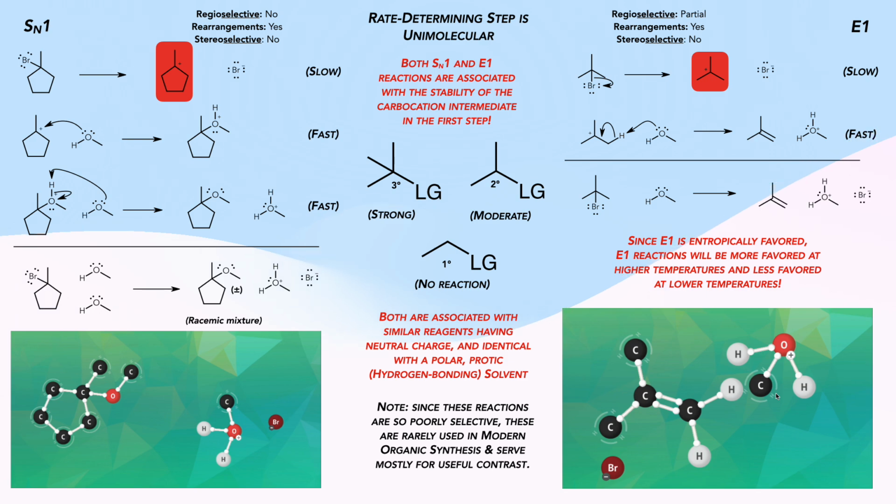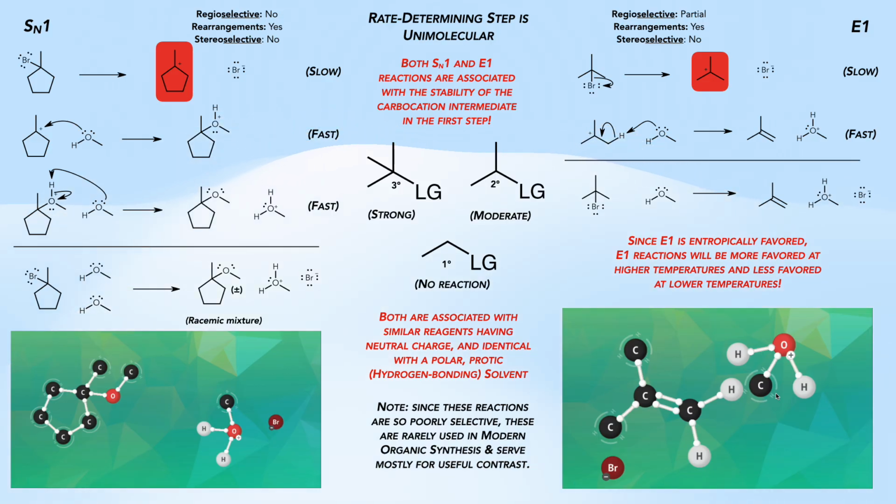On the right, you can see E1 mirrors SN1 in its first step: that same slow carbocation formation. Once again, only tertiary carbons and some secondary carbons are viable substrates. Here, the intermediate can lose a beta hydrogen to give an alkene.